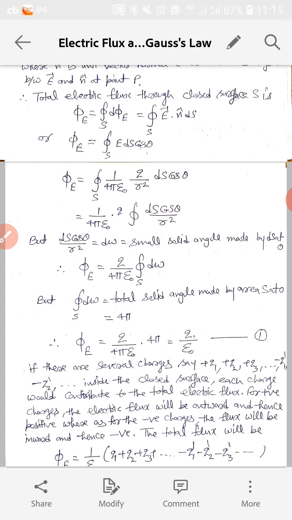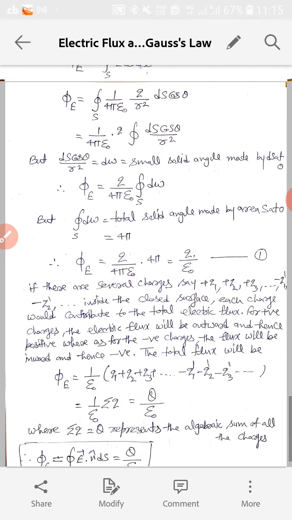This is nothing but the statement of Gauss law, which says the total electric flux through any closed surface will be equal to the total charge enclosed by that surface divided by the absolute permittivity of that medium. Now further consider that we have several charges q1, q2, q3 positive and minus q1 dash, q2 dash negative charges inside a closed surface.